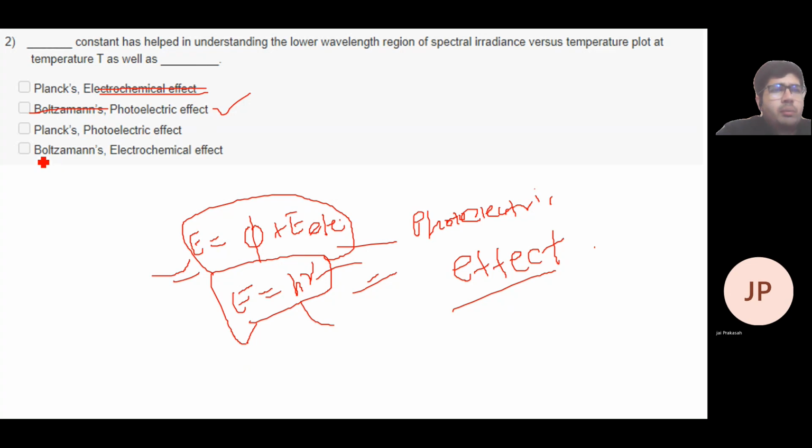Third is Planck's and photoelectric effect. Yes, we have covered the photoelectric effect, and in this the Planck's constant plays a very important role, so this can be correct. Boltzmann and electrochemical effect is not correct. So the correct option is option C.